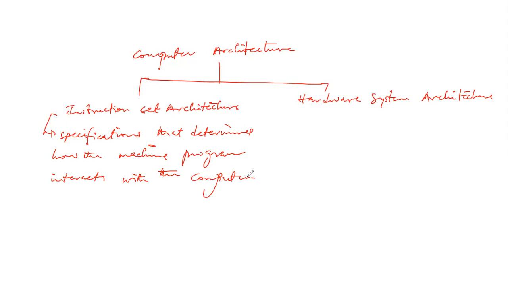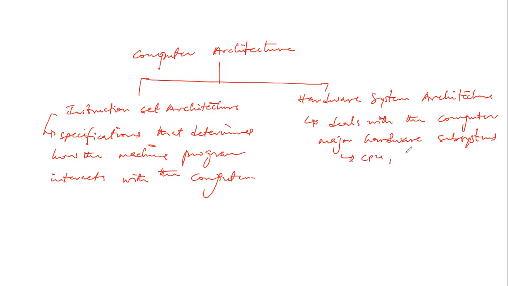While the hardware system architecture deals with the computer's major hardware subsystems, okay? So here we have the central processing unit, we have storage devices, we have input, output, and so on.